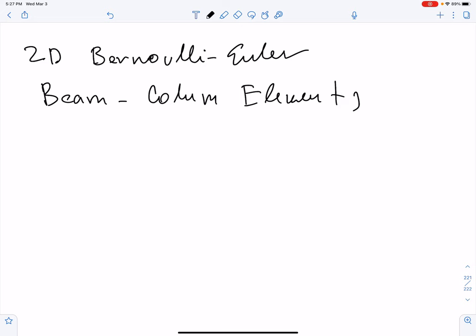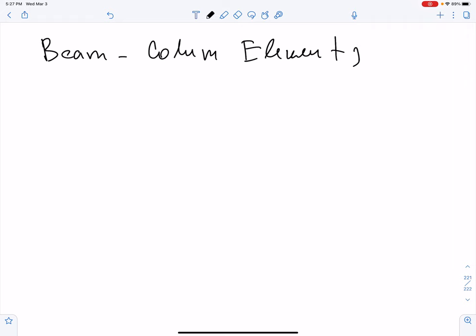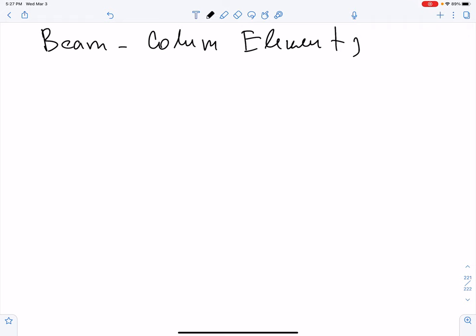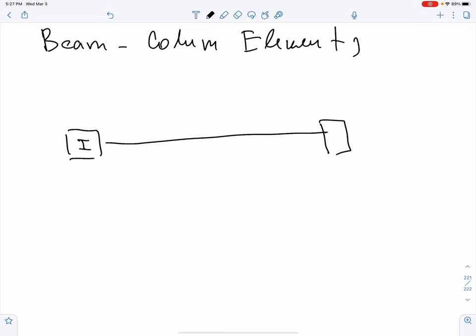If you recall our earlier lectures, early in the semester, where we identified what essentially will become a basic system for the Euler-Bernoulli element. So you have an element like this, ij, and the element takes two actions.